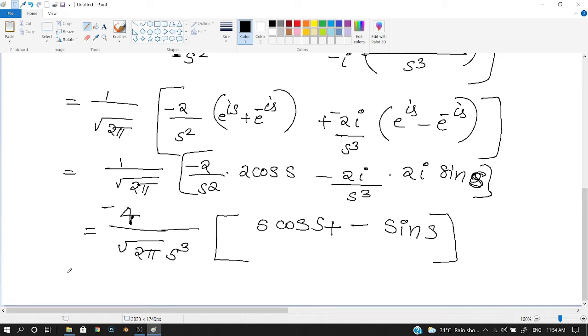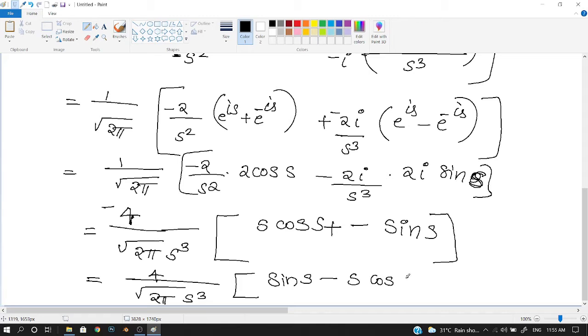Okay, so here we have 4 by, now if you want you can take this minus inside, so this is 4 by root 2 pi s cube into sin s minus s cos s. So this is the Fourier transform of the given function f of x. Now using the inversion formula we can calculate the given integral now.